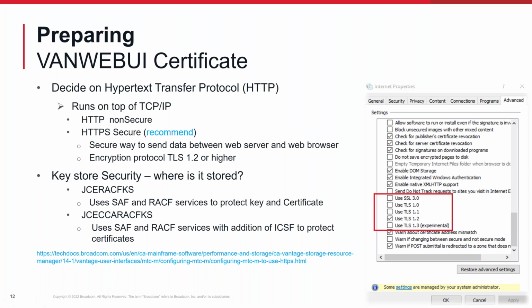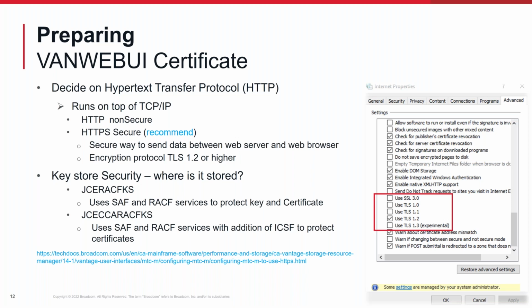One way to find out what your encryption protocol is, if you have access on your PC, is to look at your internet properties. On the right side here, if you go to the advanced section, you can take a look and see which is checked. And as you can see here, I'm using TLS 1.2.